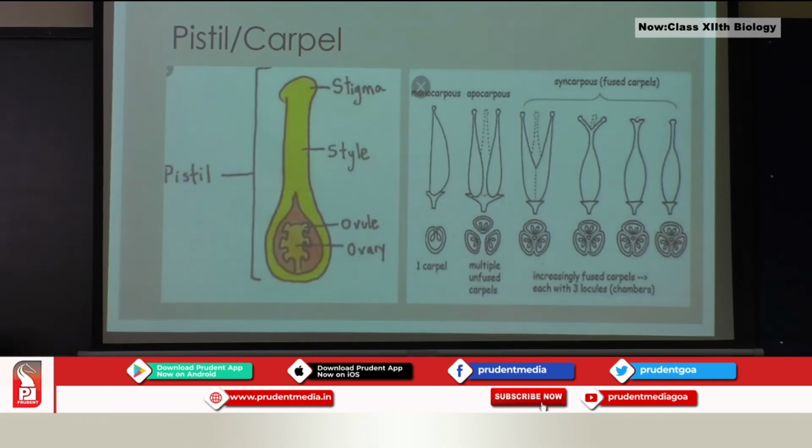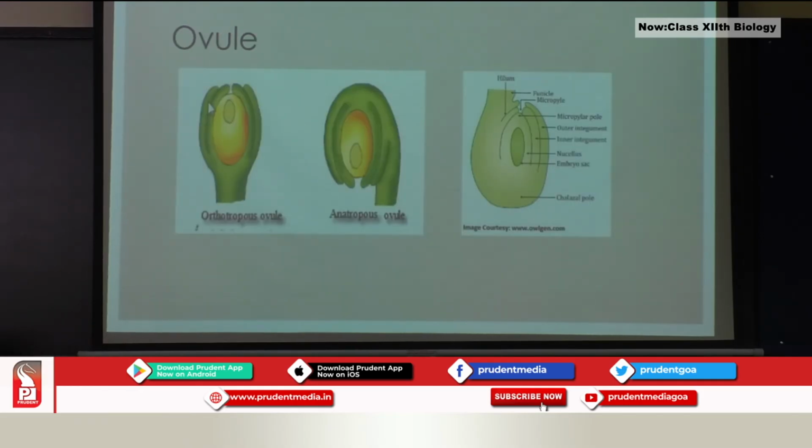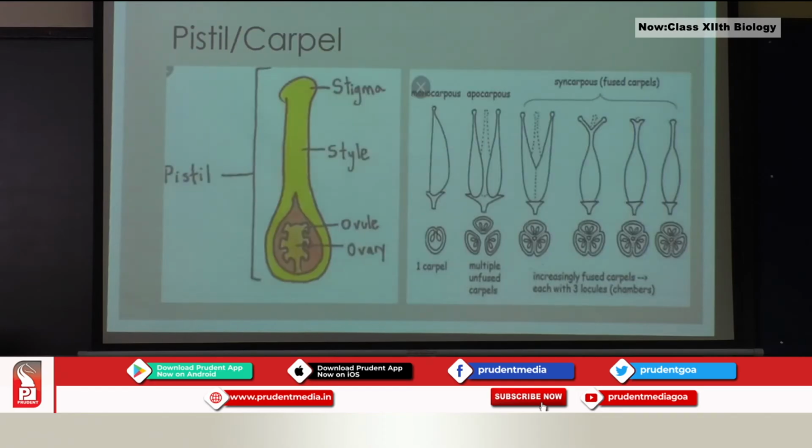All right, moving on. In understanding the structure of the ovule now, please bear in mind, students, pistil or carpel is the one that is going to be carrying the megasporangium. Now what is the megasporangium? Megasporangium is the ovule.